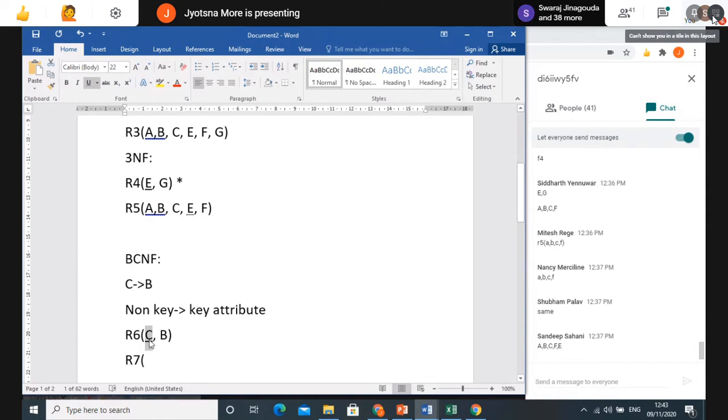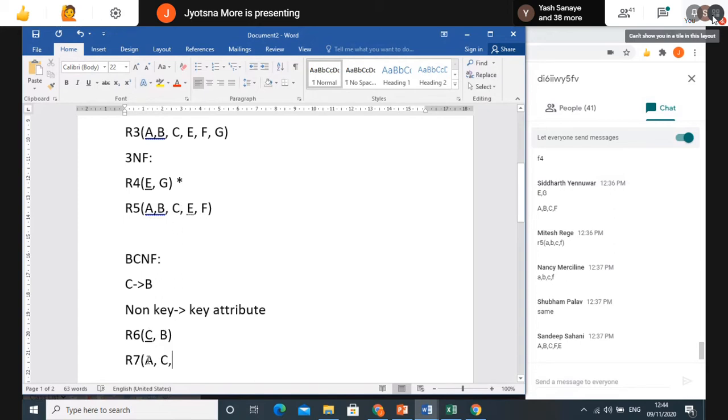Okay, now if C is considered as a primary key, C is determining something. So here in R7, I will not have B now because it is now a non-key attribute. So it will have C, what else is left? B is gone over here.